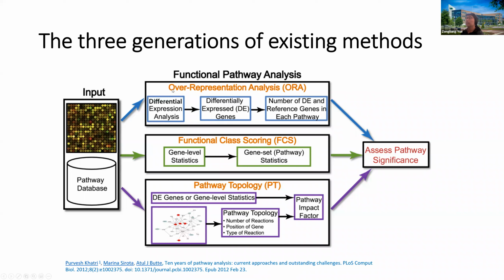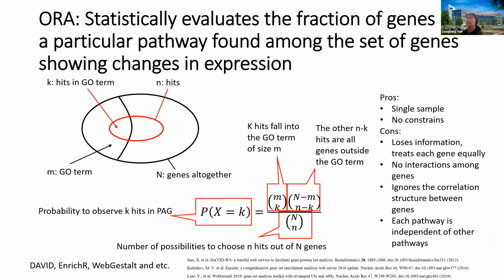We can do over-representation analysis, known as ORA, functional class scoring, FCS, and pathway topology analysis, PT, to assess pathway significance. So what are the details? ORA statistically evaluates the fraction of the genes in a particular pathway among the genes showing changes in expression.